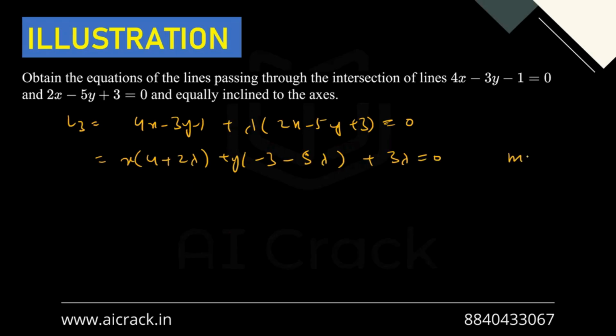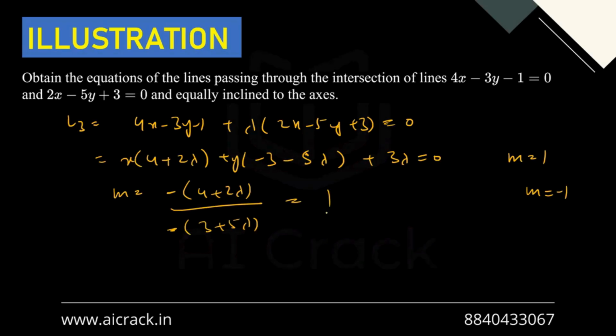Now either m equals to 1 or m equals to minus 1. Let's take the m equals to 1 case. So m with this equation is minus coefficient of x, that would be 4 plus 2 lambda, divided by coefficient of y, that would be minus times 3 plus 5 lambda, and that is equal to either 1 or minus 1. So let's take the one case first. That would give me 4 plus 2 lambda equals to 3 plus 5 lambda.